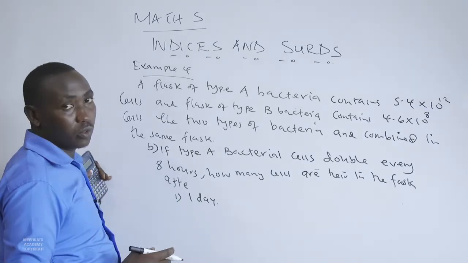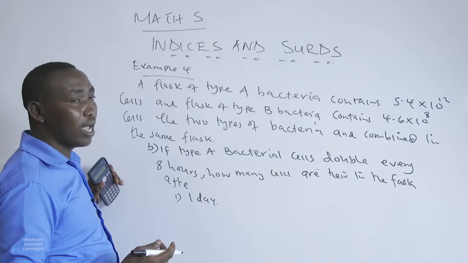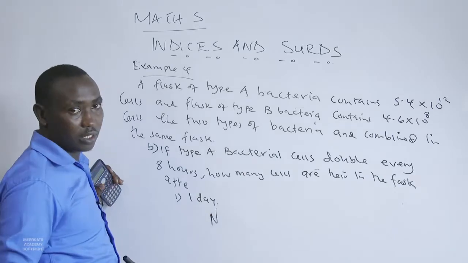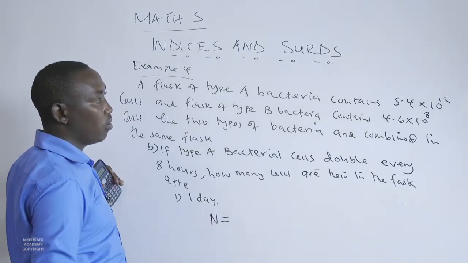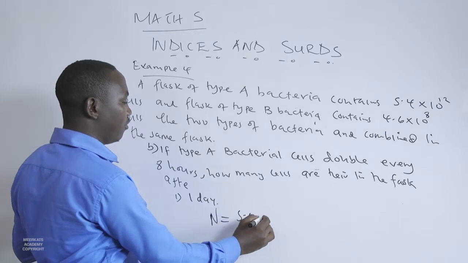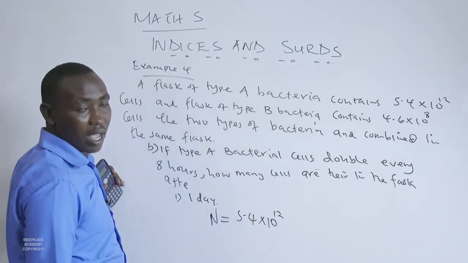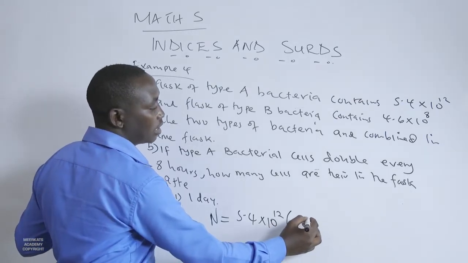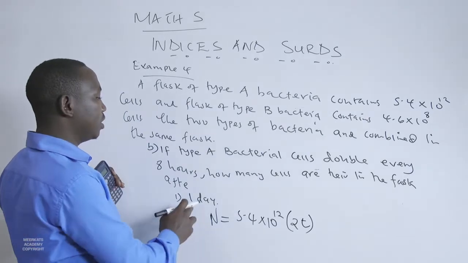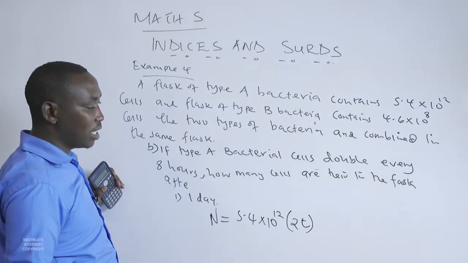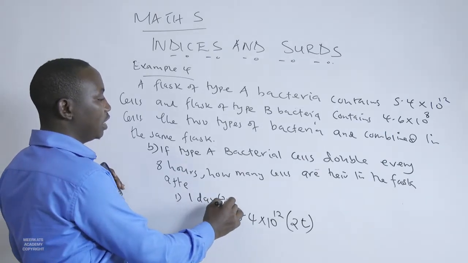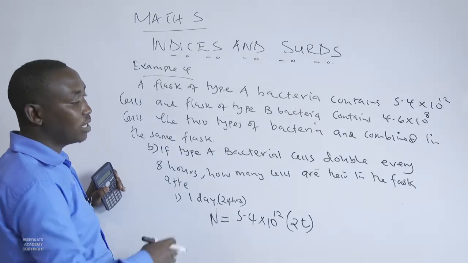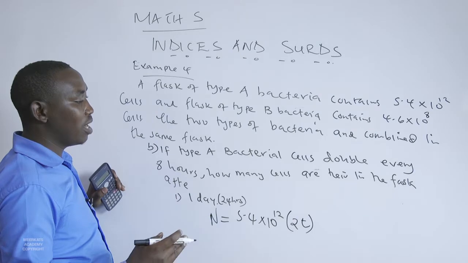Now in this case we need to define a rule that refers to the number of cells. Let's say the number of cells will be n. They should be equal to, initially they were 5.4 times 10 raised to 12, but now they are multiplying by 2 with respect to time. Because it's after every 8 hours, a day which has 24 hours will be split across the 8 hours, and that's going to give us a period of 3.